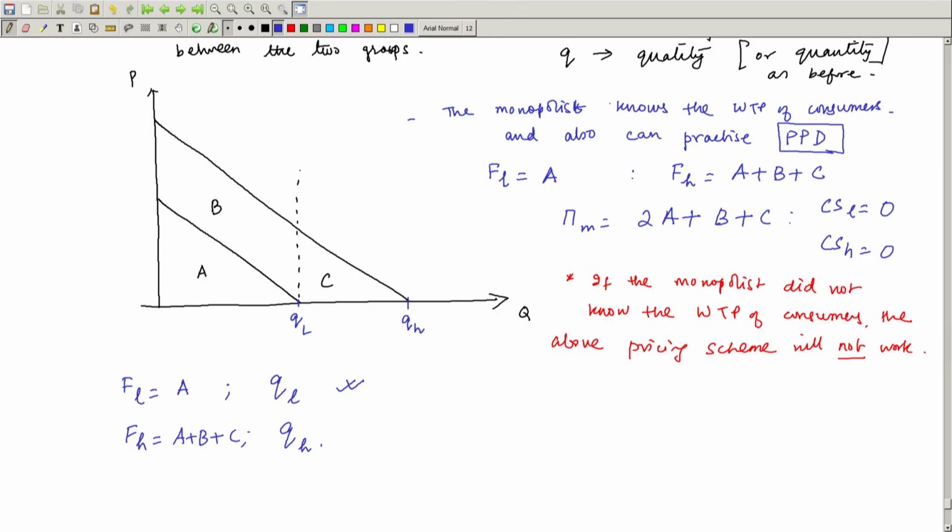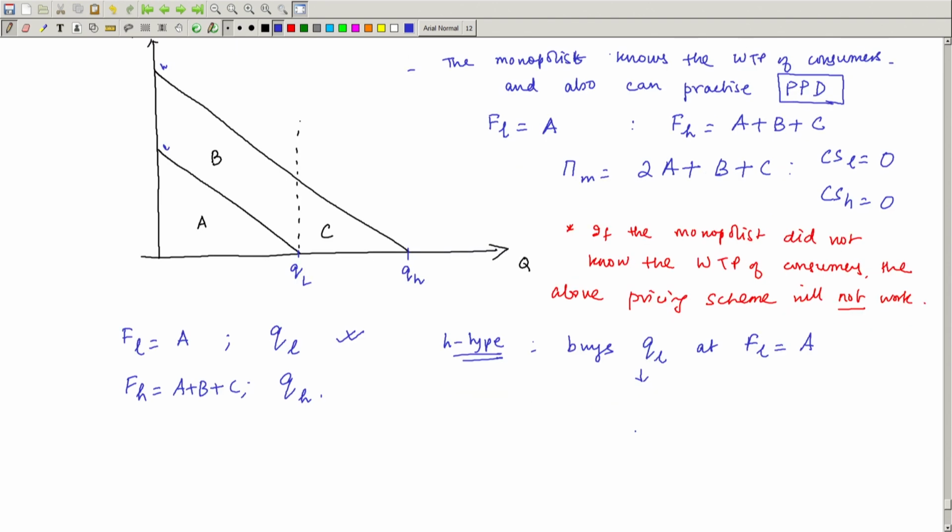But the problem is for the H type consumers. So, recall these are the H type consumers, this is the L type consumer. The H type consumer, if he buys QL units at FL equal to A rupees, well, let us ask for these QL units, what is the willingness to pay of the H type consumer? Well, the willingness to pay is going to be this entire trapezoidal area.